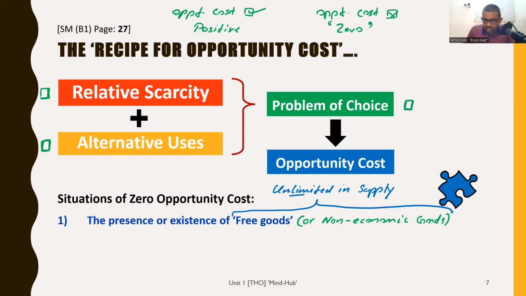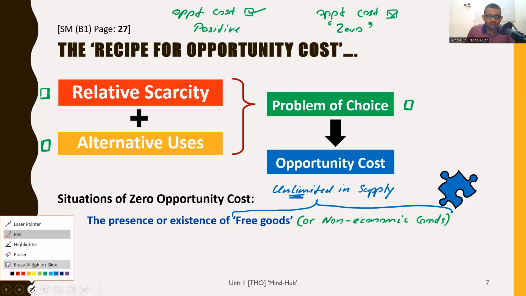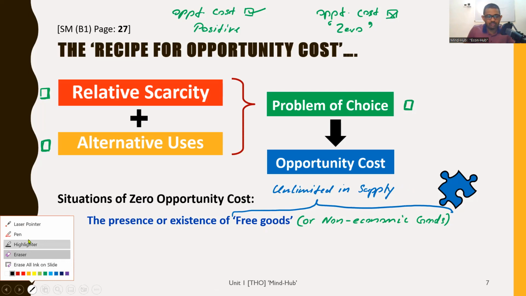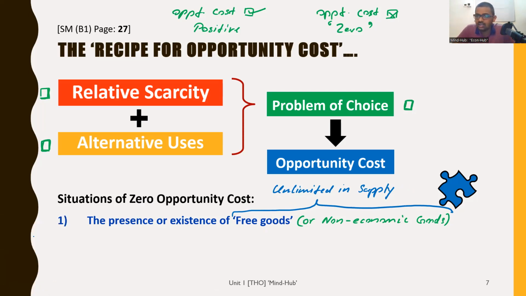The moment you see this word unlimited, you realize the very first requirement. What is the first requirement for opportunity cost to be created? What is the first element of the recipe? We have to have a situation of relative scarcity. If free goods or non-economic goods are unlimited in supply, that means they are not relatively scarce.